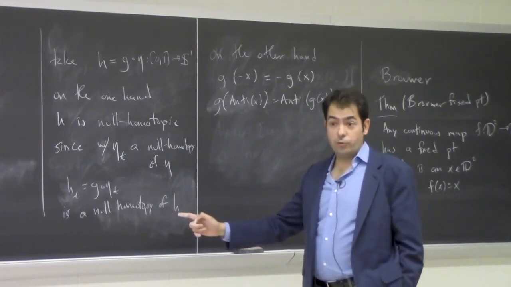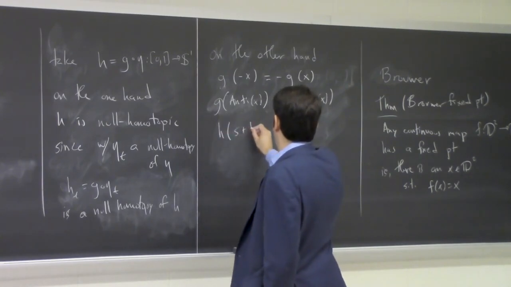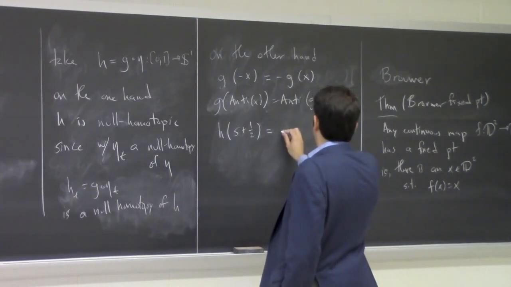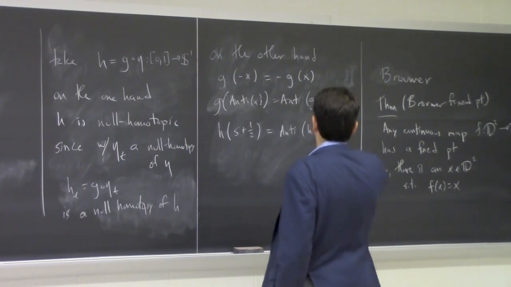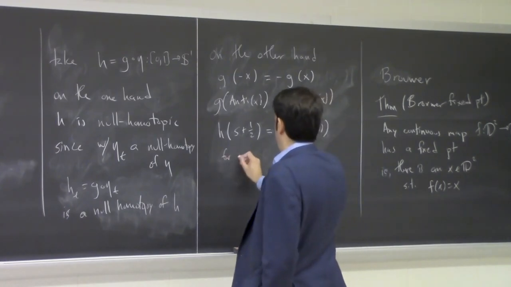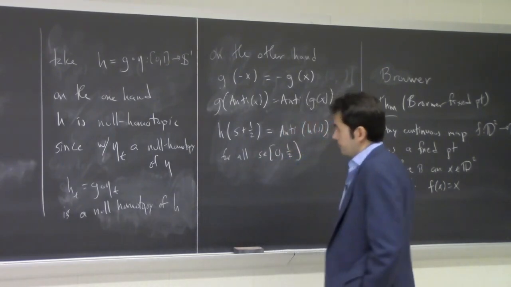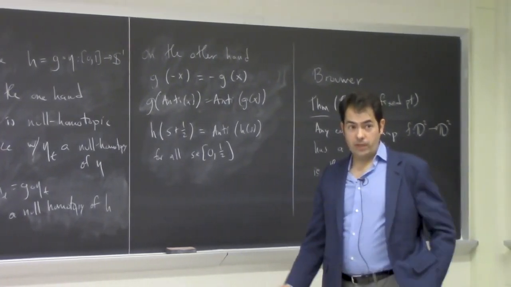Right, so what this means for H is that H of s plus 1/2 is equal to the antipodal point of H of s. This is for all s in 0, 1/2. Okay?